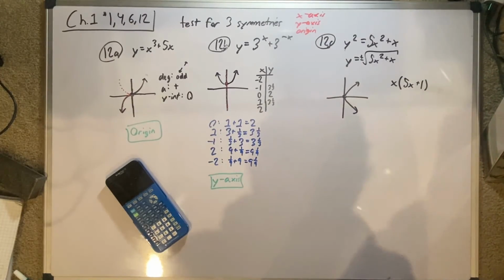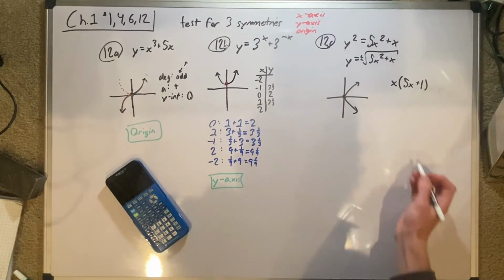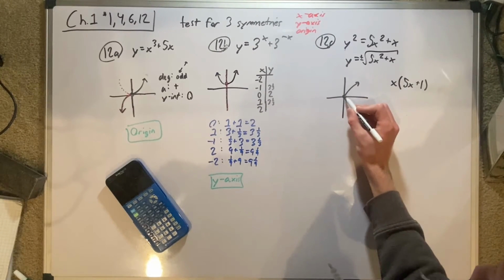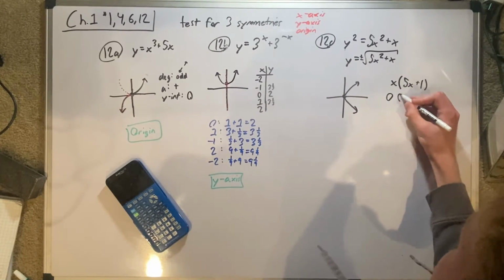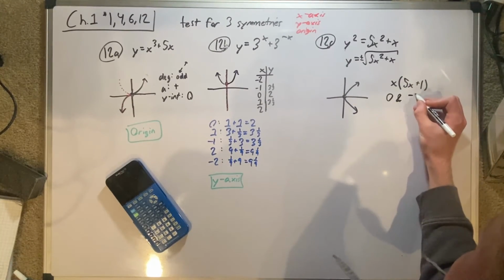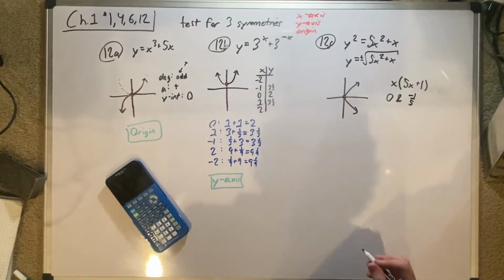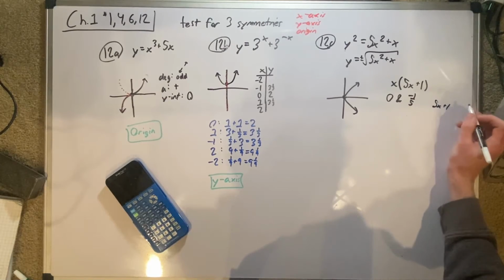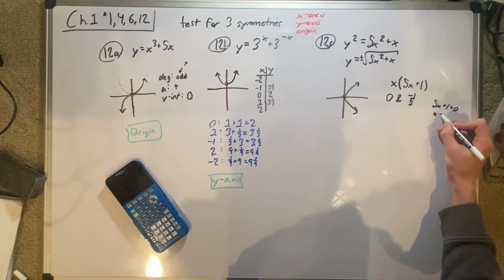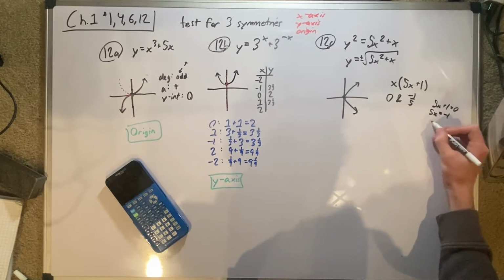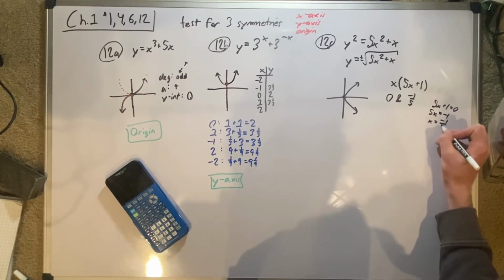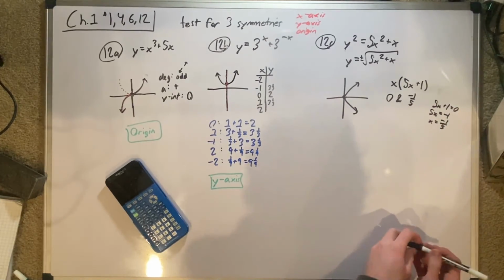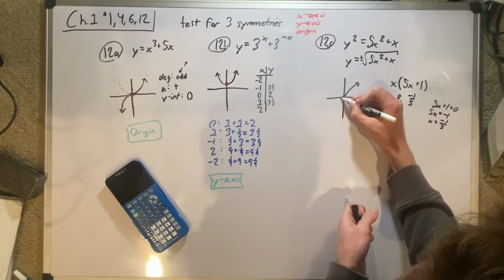Now let's see if those have anything that can equal 0. We know that 0 is one of the things. And negative 1 over 5 as our other one. So 5x plus 1 is equal to 0, so x is equal to negative 1 over 5.